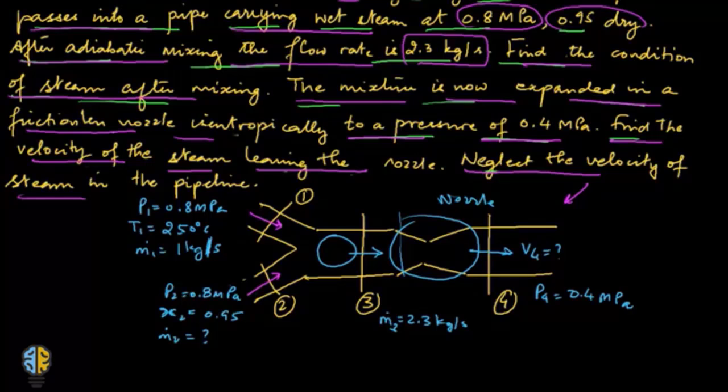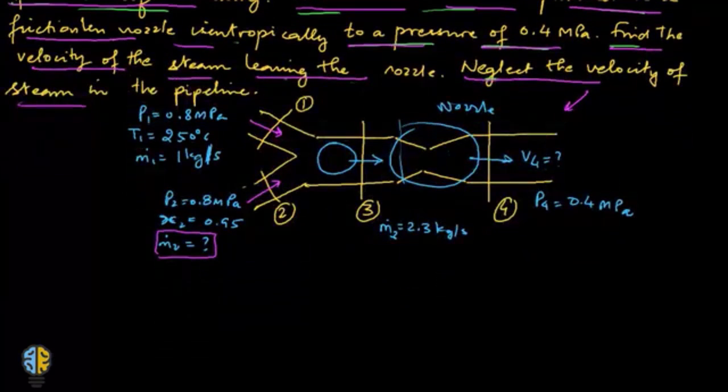Okay, so let's first of all find out the mass flow rate at section 2. If you look at the whole configuration and go by the mass balance, m1 dot plus m2 dot is equal to m3 dot.